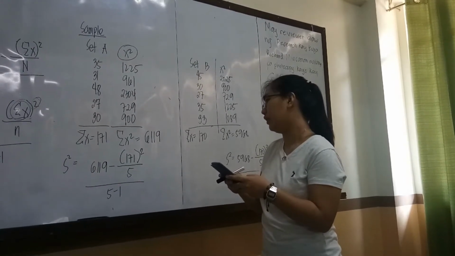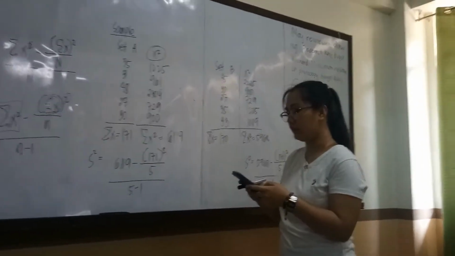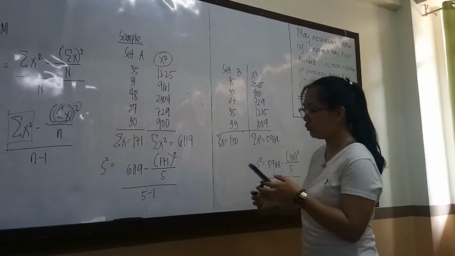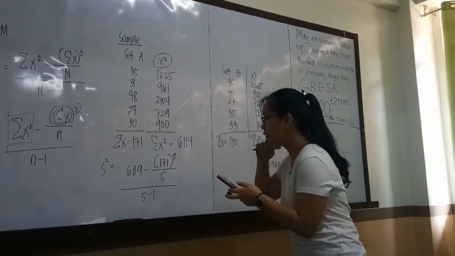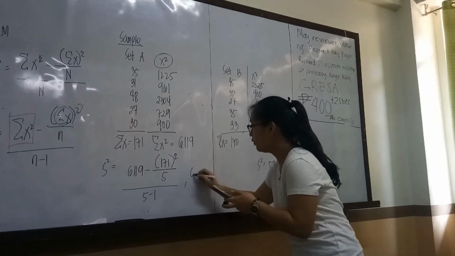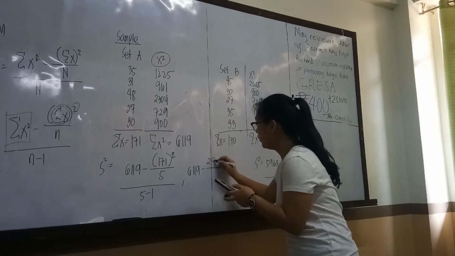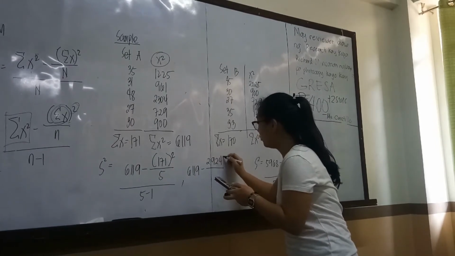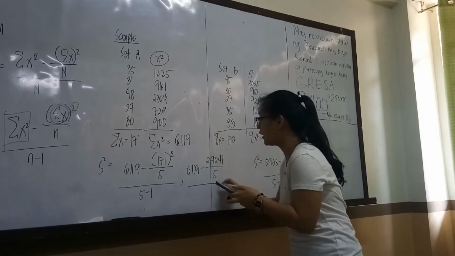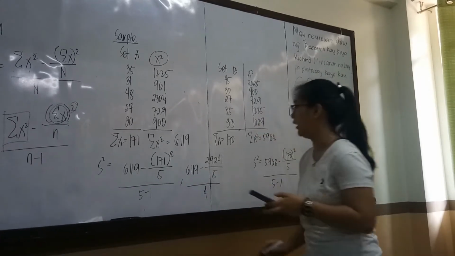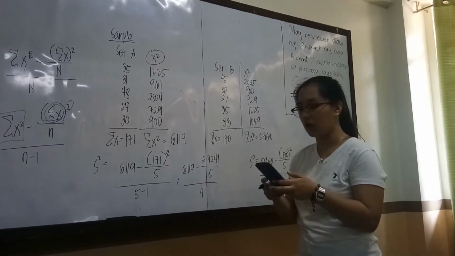171 squared. The answer is 29241. Okay? So it will be 6119 minus 29241 all over 5, all over 5 minus 1 which is 4. Pwede nyo lang i-diretso yan sa calcu.